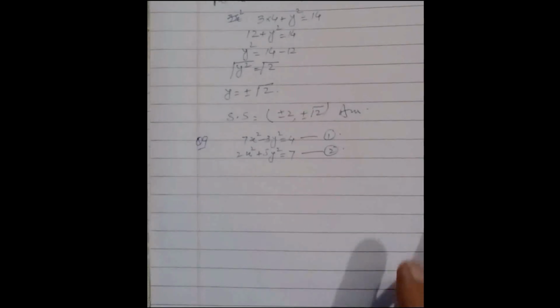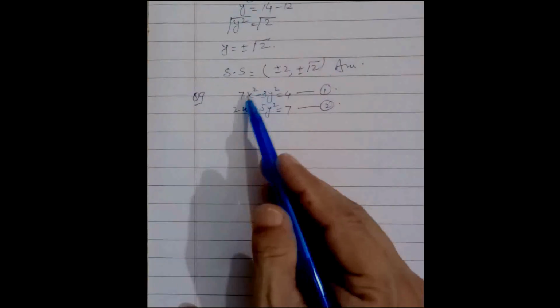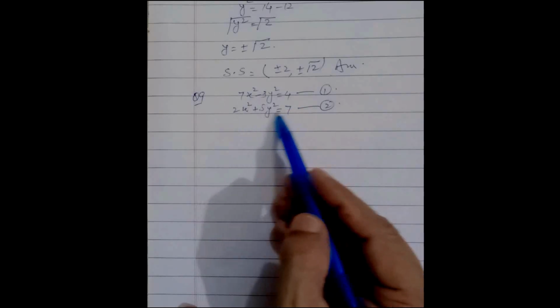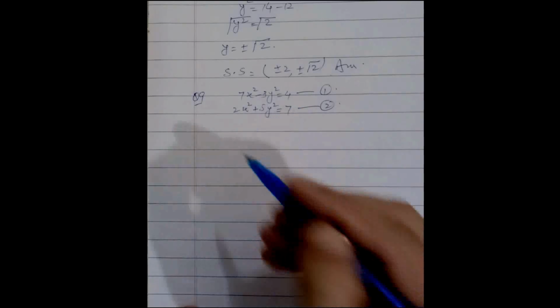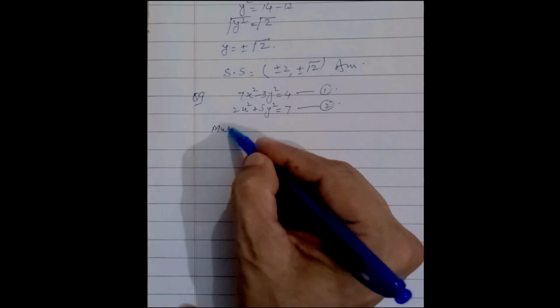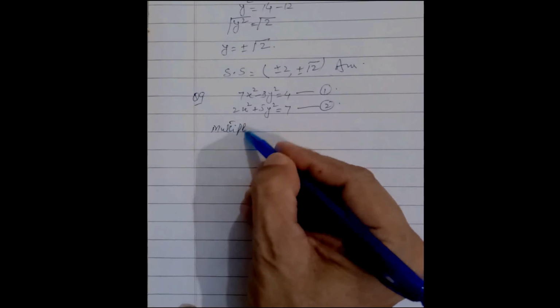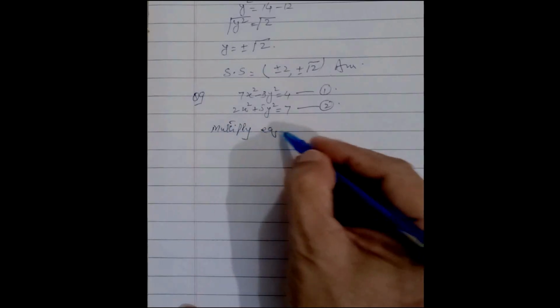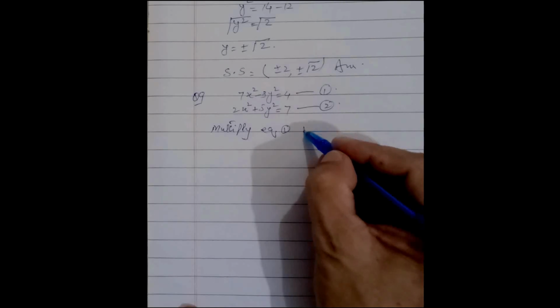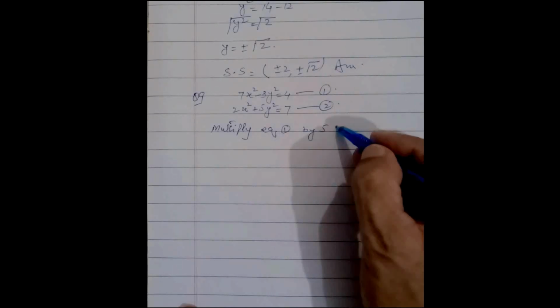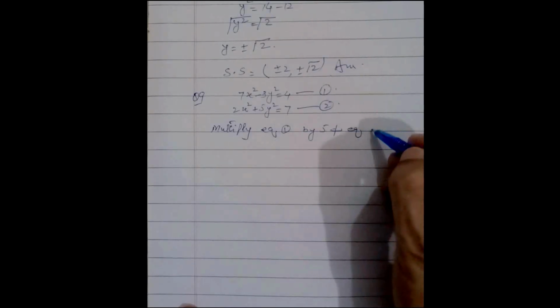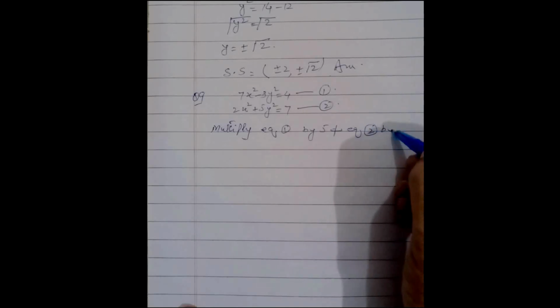Now when we solve these questions, we multiply question 1 by 5 and question 2 by 3.